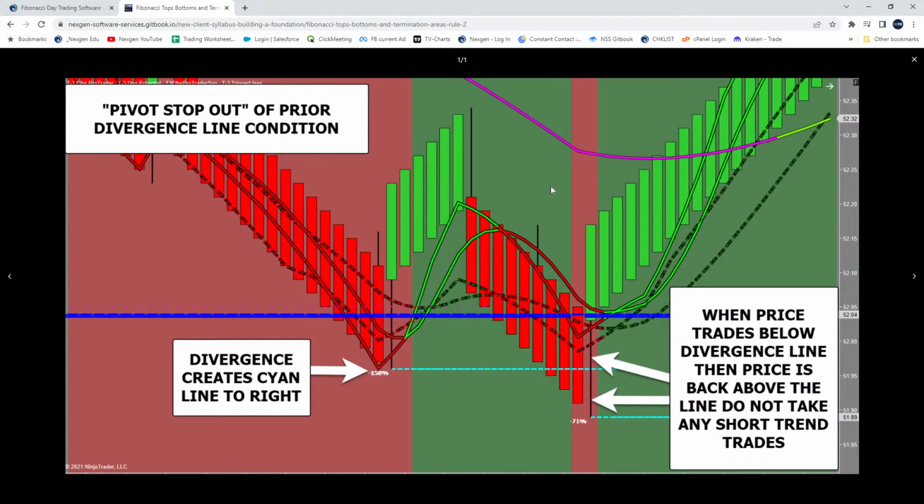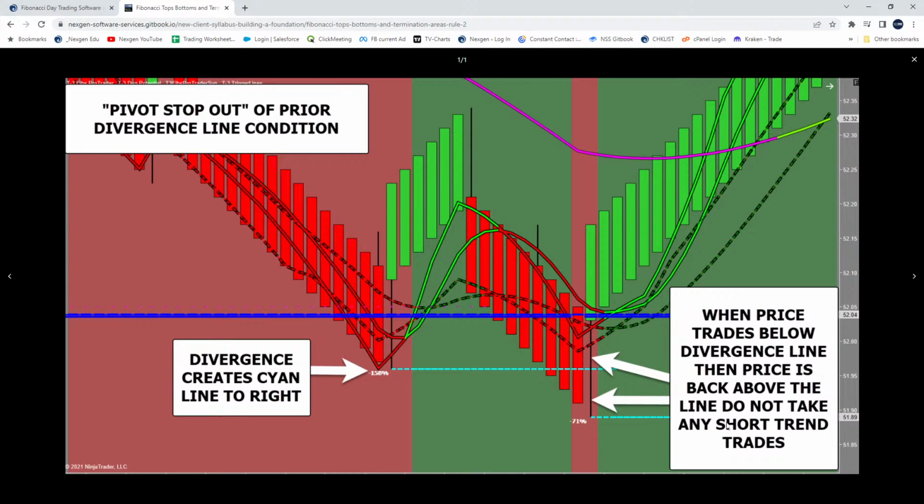The rule says, and I quote, when price trades below a divergence line and then price is physically back above it. Everybody give me a Y in the room if you understand what I mean by price gets below the little line and then price is back above it. Do not take short trades.